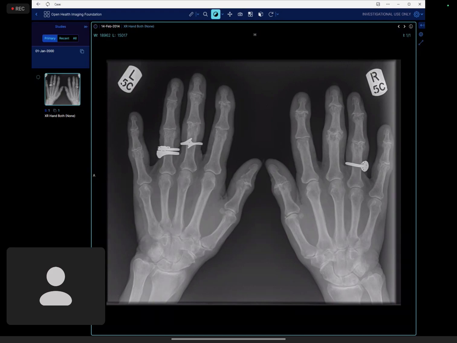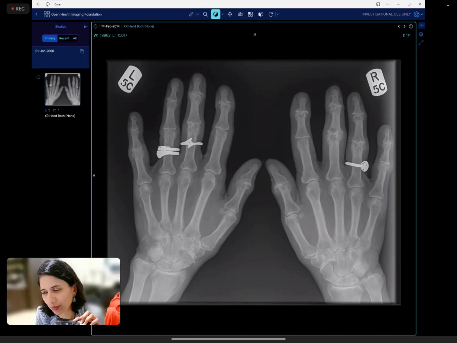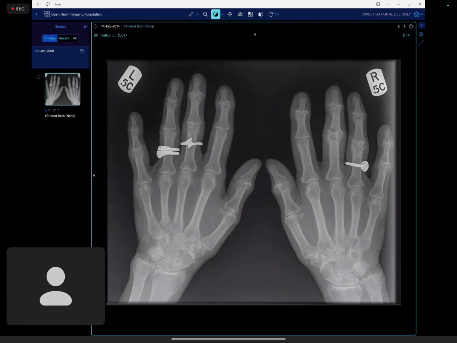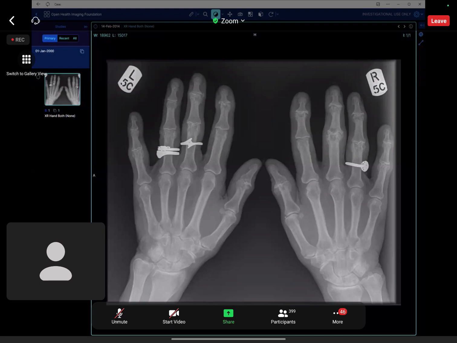The CMC joints are also unremarkable and look normal. And carpal joints do not appear grossly deformed, with no loss of joint spaces.